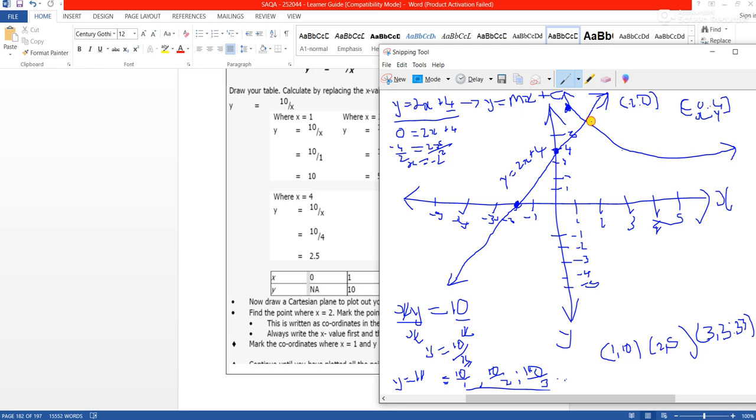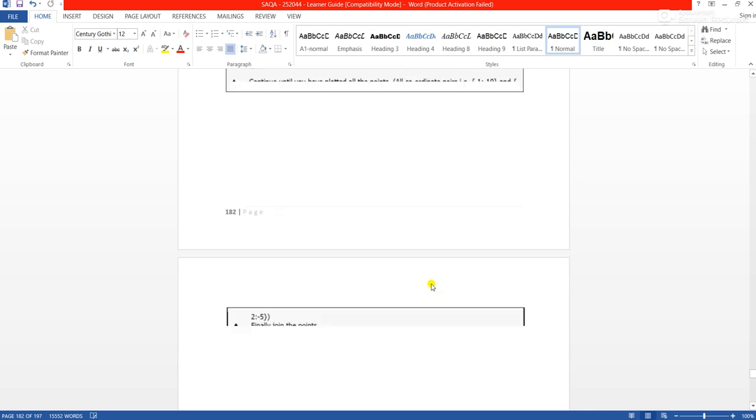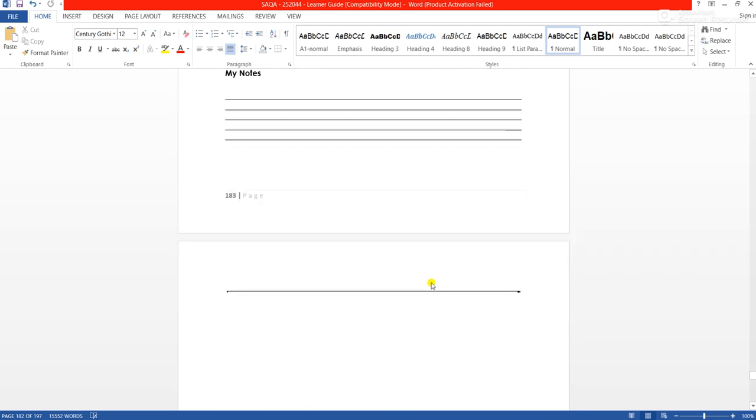Because we'll be following patterns based on our x values and y values, this will be a hyperbola, as we can check on the example that we have.